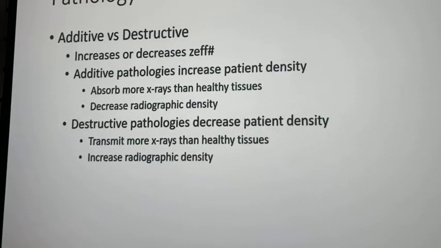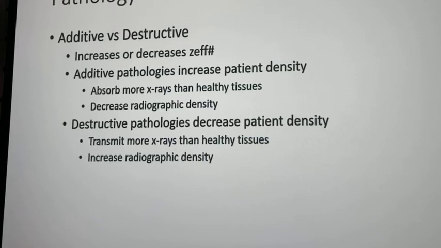So pathologies, we've got two different types: additive and destructive. Additive adds patient density. Destructive destroys patient density. An additive would increase the effective Z number, as opposed to a destructive, which would decrease it.